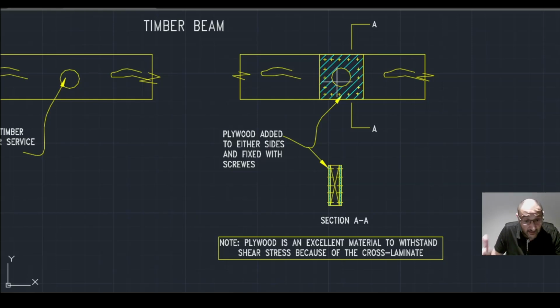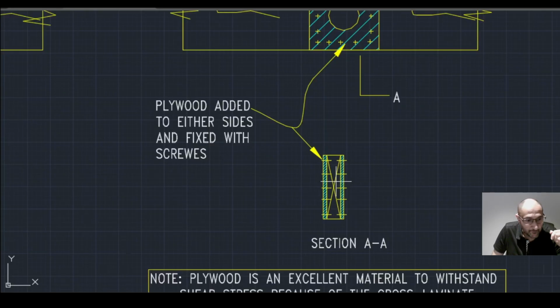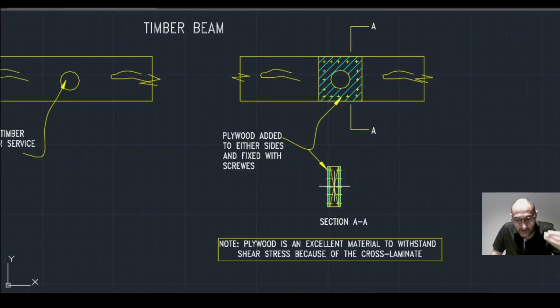And so this case here is another shear stress problem. We need to find the shear flow between the two elements, and then we can transfer the shear stress into the plywood via the fixings, which are generally screws. Now I personally would avoid using bolts for the same reason we spoke about before.